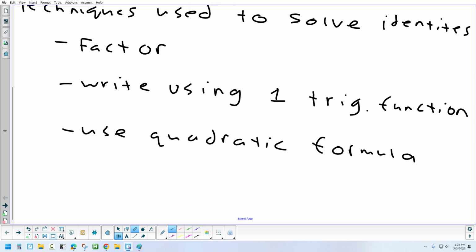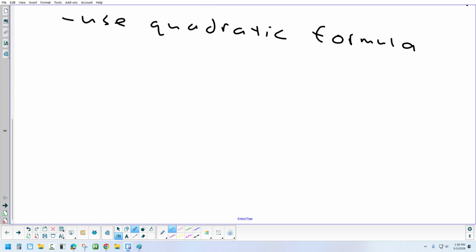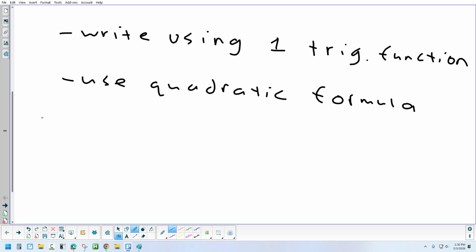Now, one thing that I think people don't know is they kind of understand quadratic formula in a very, very limited sense, but you can use this concept in lots of places other than something like this. Yes, that's absolutely a quadratic formula problem.